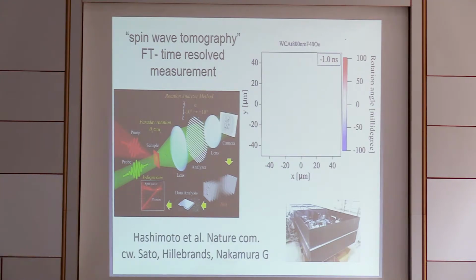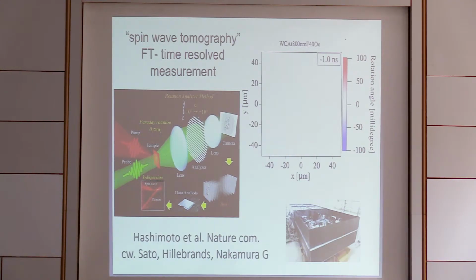And these should propagate in the sample, and this propagation is measured by using the second light pulse, called the probe pulse. And by using the Fourier transformation, we can get the spectra of the spin waves. This work is done by the Saitoh group and the Nakamura group, and we received advice from the VUCAD.